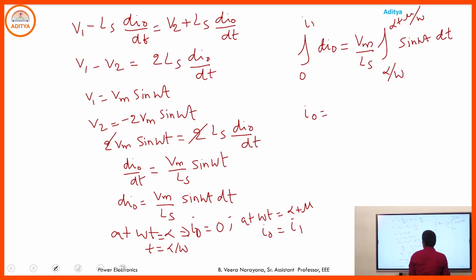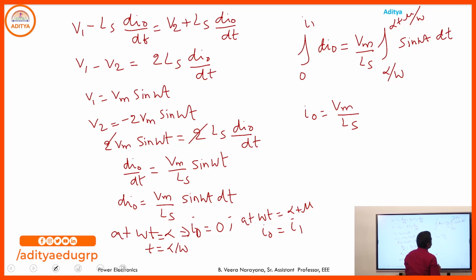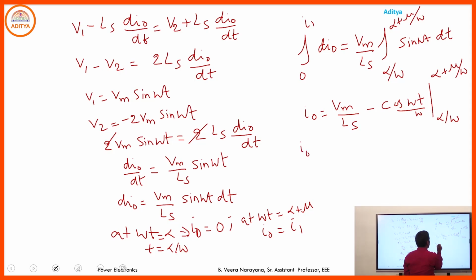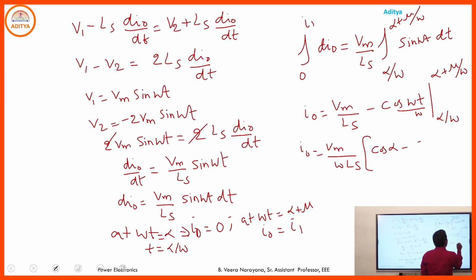I1 is equals to Vm by Ls, minus cos omega t by omega between the limits alpha by omega to alpha plus mu by omega. So I1 is equals to Vm by omega Ls into cos alpha minus cos alpha plus mu.